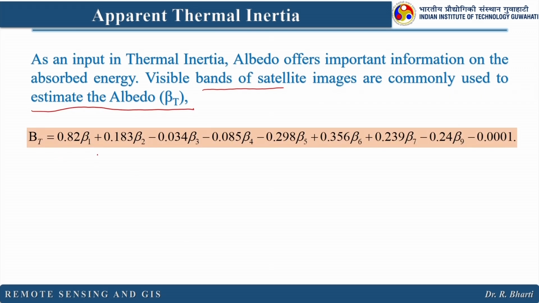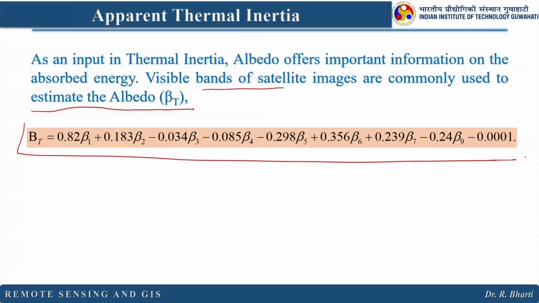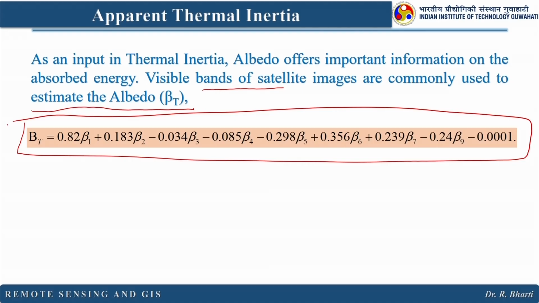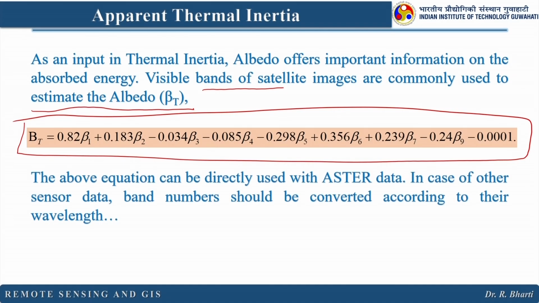And in the case of ASTER data, you can straight away use this particular equation. The above equation can be directly used with ASTER data. In case of other sensor data, band numbers should be converted according to their wavelength or band designation, right?